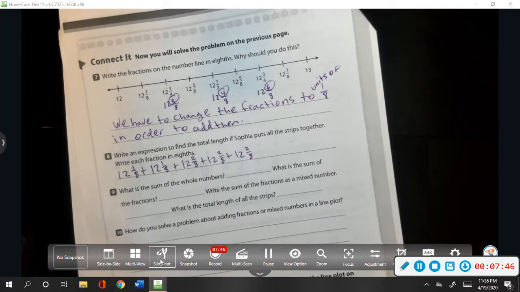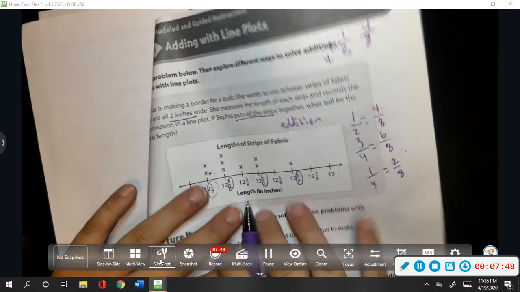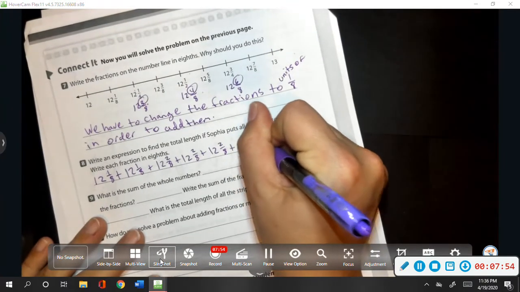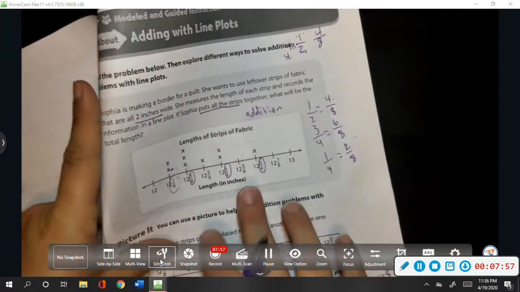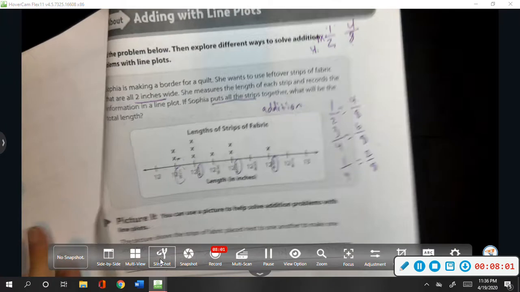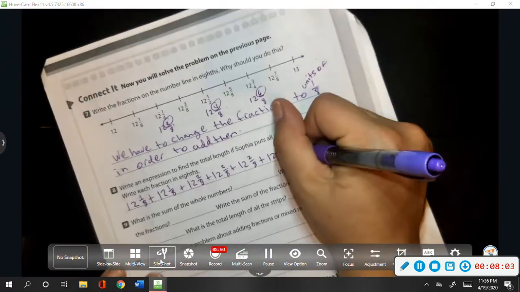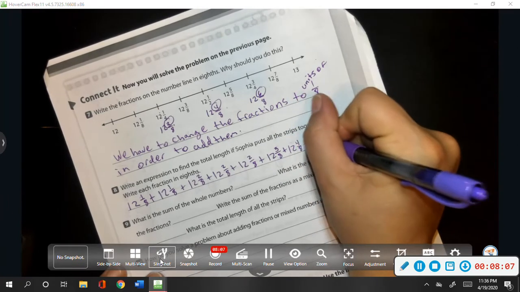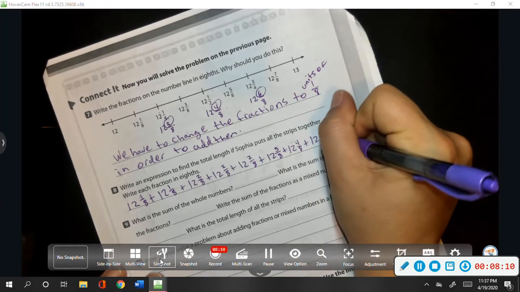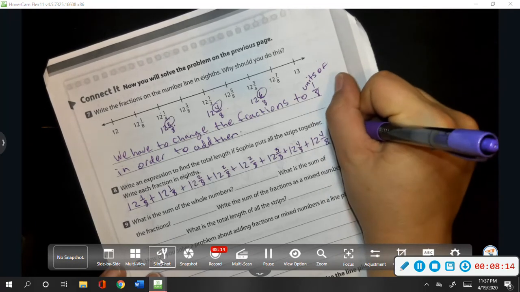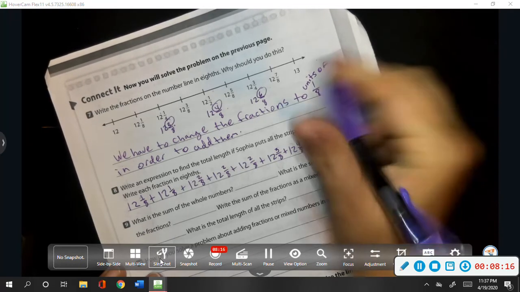And then I had 1 12 and 3/8. And then I had 2 12 and 4/8. And then we finally had that last one, 12 and 6/8.